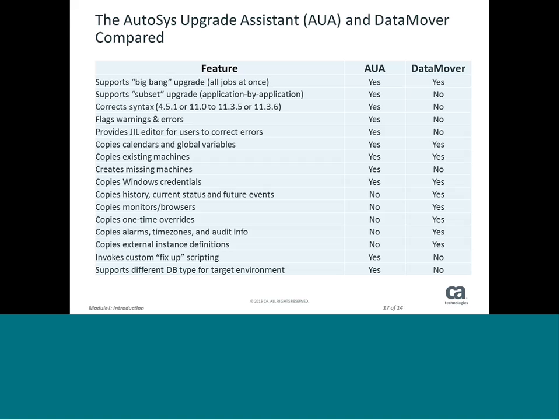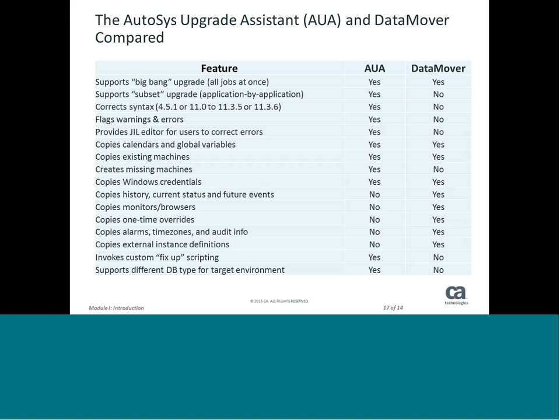The Upgrade Assistant allows the user to define machines, particularly from 451, if there's an actual machine definition in 451, you can define that before migration. The Upgrade Assistant does copy Windows credentials and converts them to the specific encryption type into the target environment, so you don't have to worry about that.